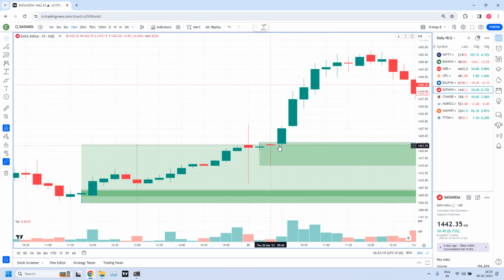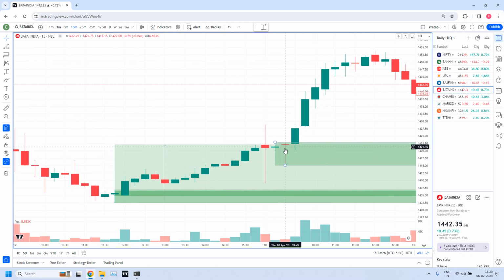ERC candle, base candles, rally candle. Actually, this base candle is also not convincing. But anyway, maybe this is a medium size or a little above medium size. Okay, something we can compromise on and we can draw.